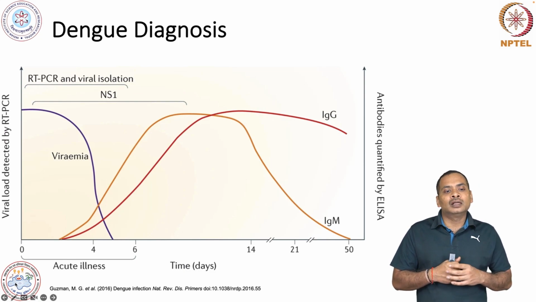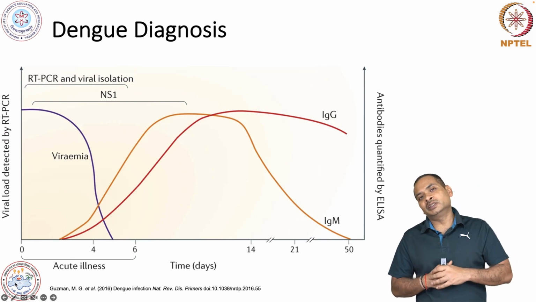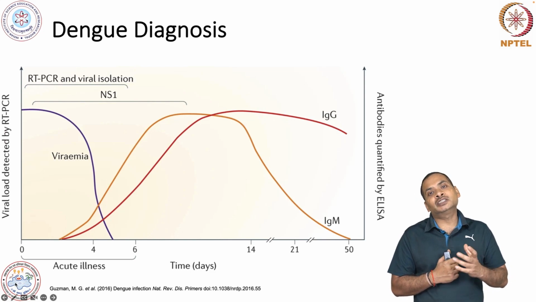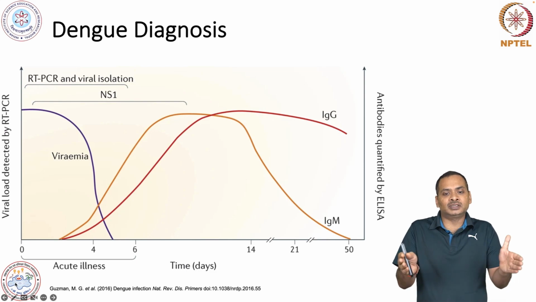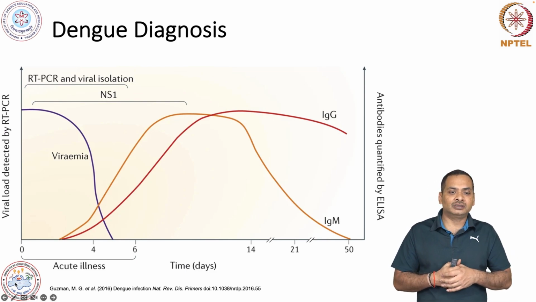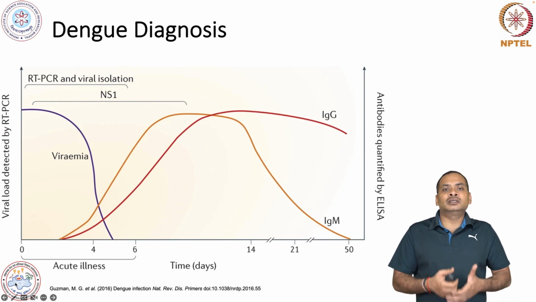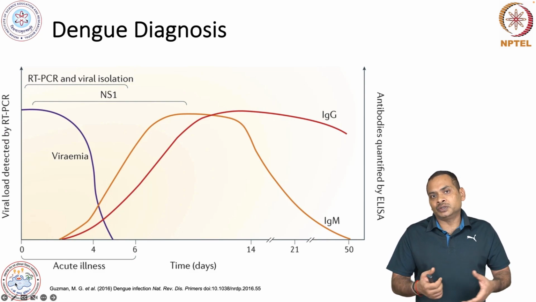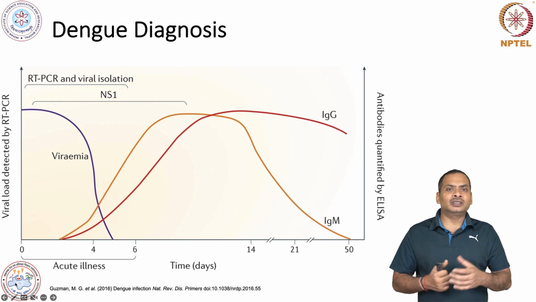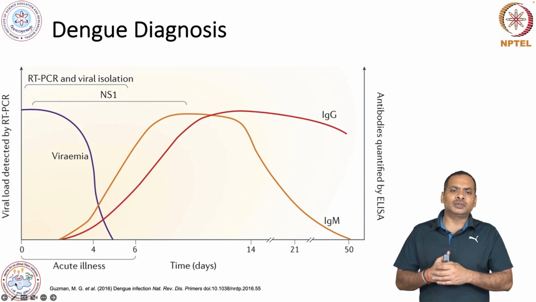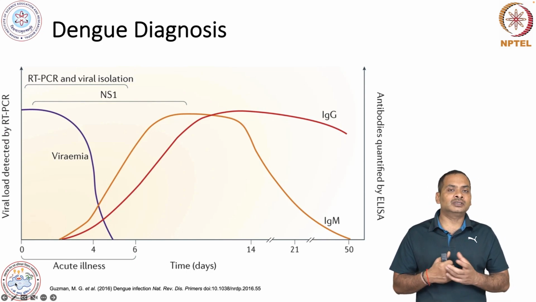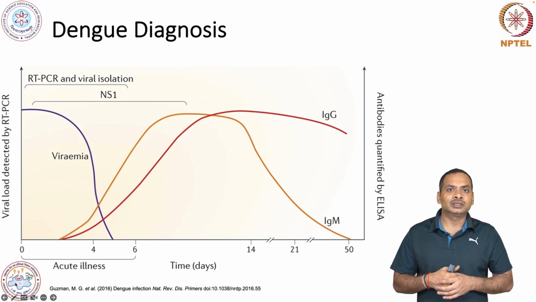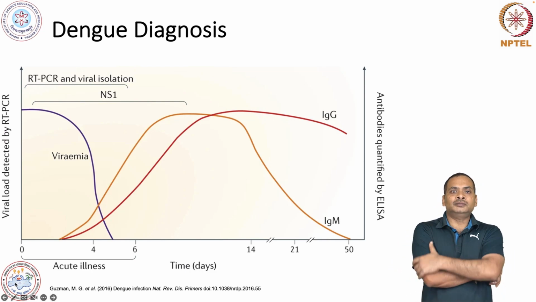One can also detect dengue-specific antibodies, IgG and IgM, and here you can see the duration. In that way one can diagnose the disease, and this is also a prognostic marker. When the antibody declines, particularly IgM, then one can say that the individual is recovering.